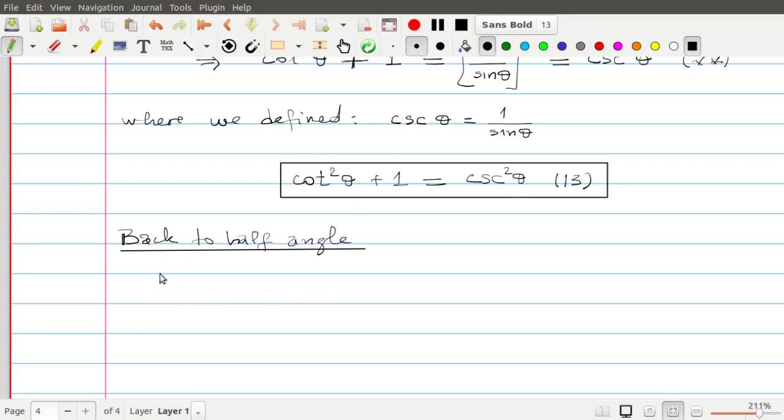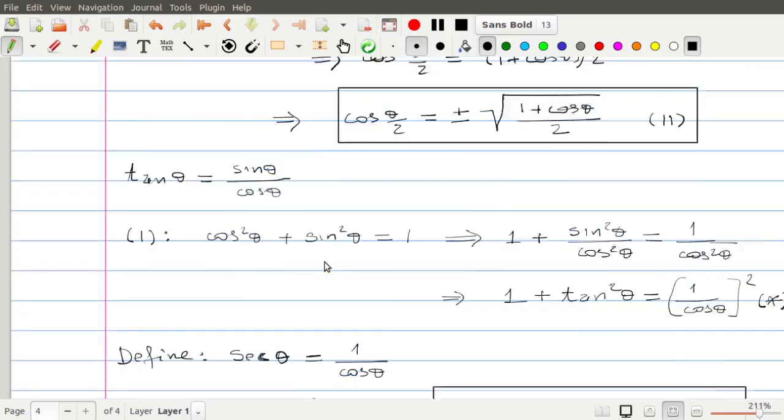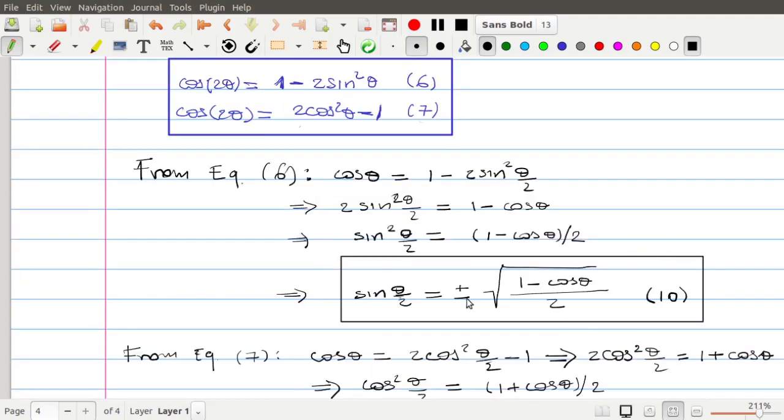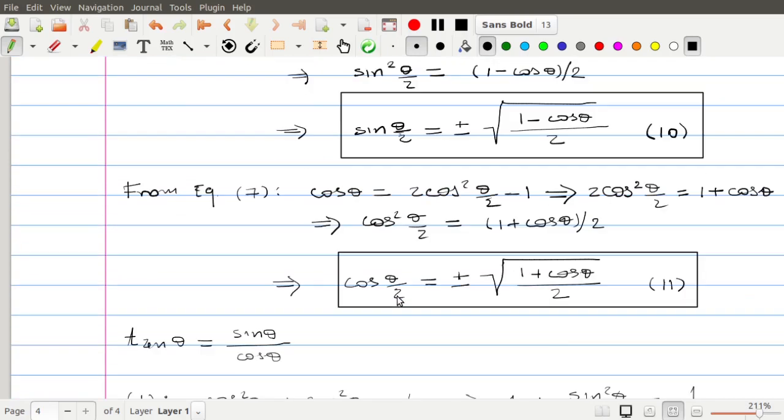Okay, so we know already that the tangent of theta by 2 is sine theta by 2, which we've computed already, by cosine theta by 2. So after these two formulas that we computed here, we take the ratio of the sine and the cosine.